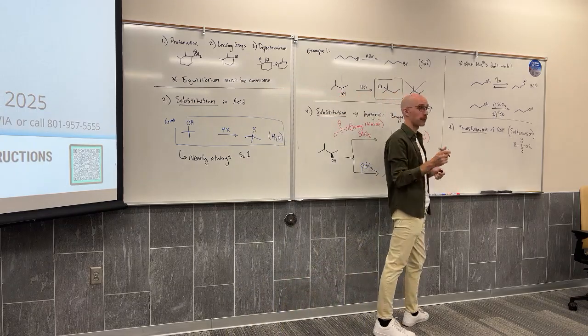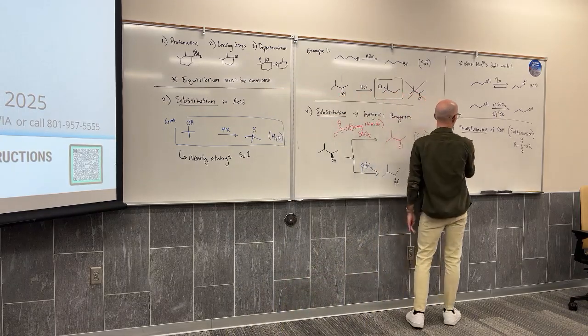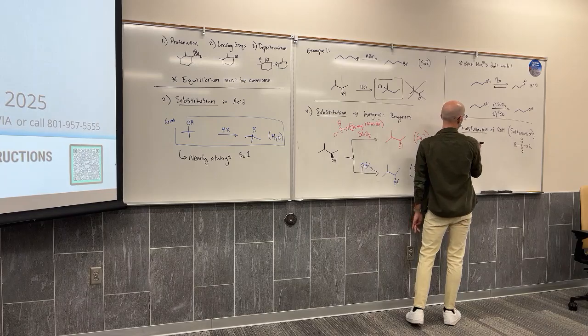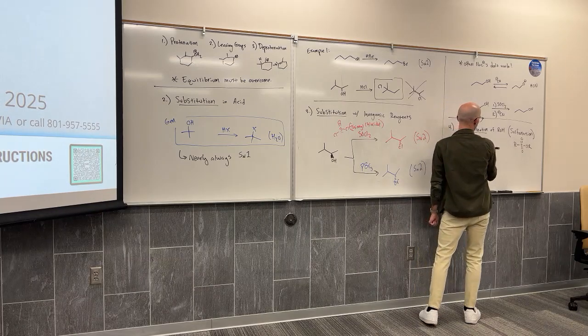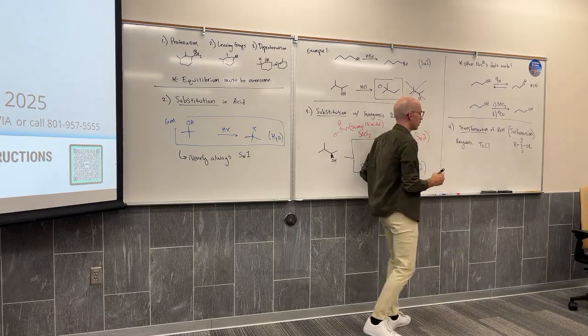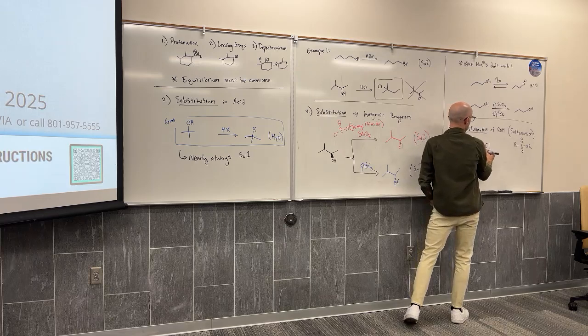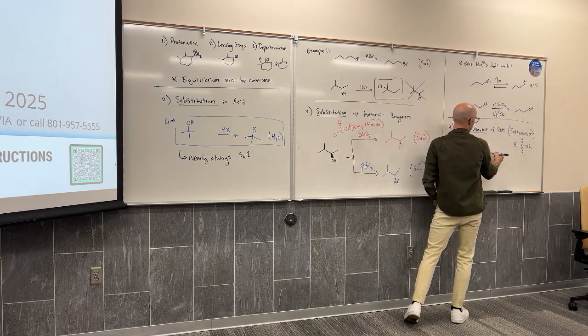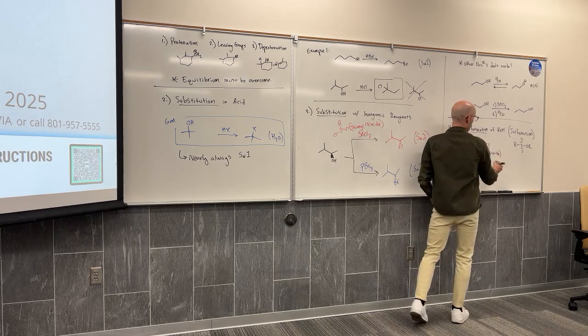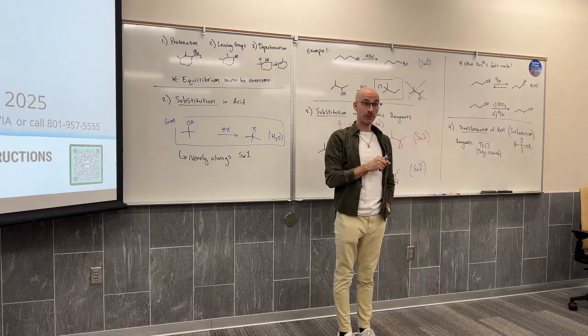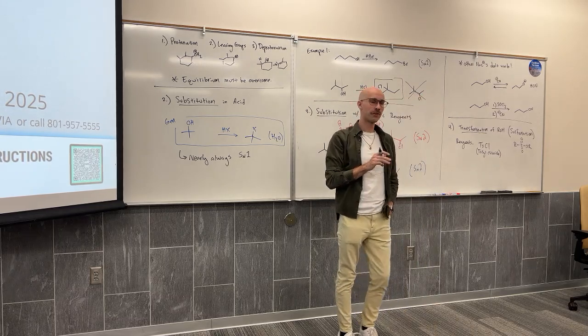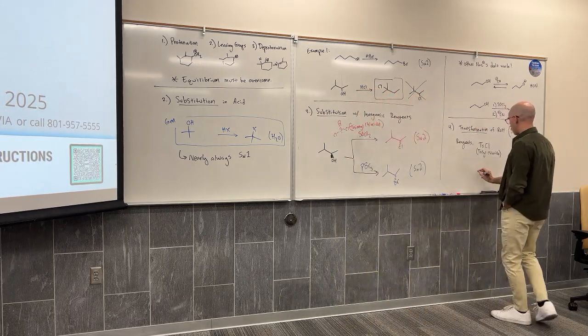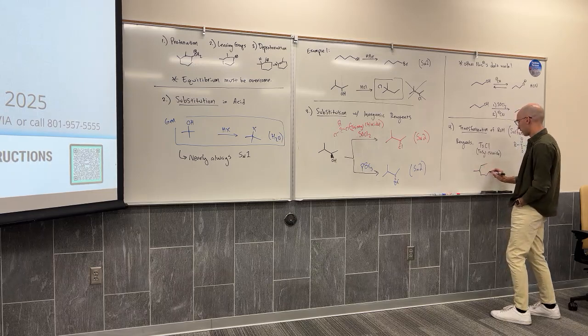There's a few different reagents that can be used here as well. We're going to focus primarily on this one, tosyl chloride, TsCl. And we're going to abbreviate it as TsCl so that you don't have to draw this structure.